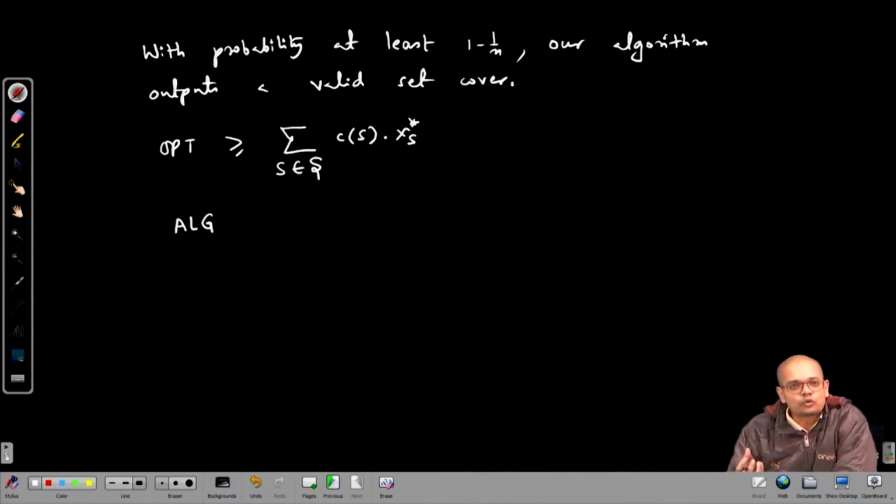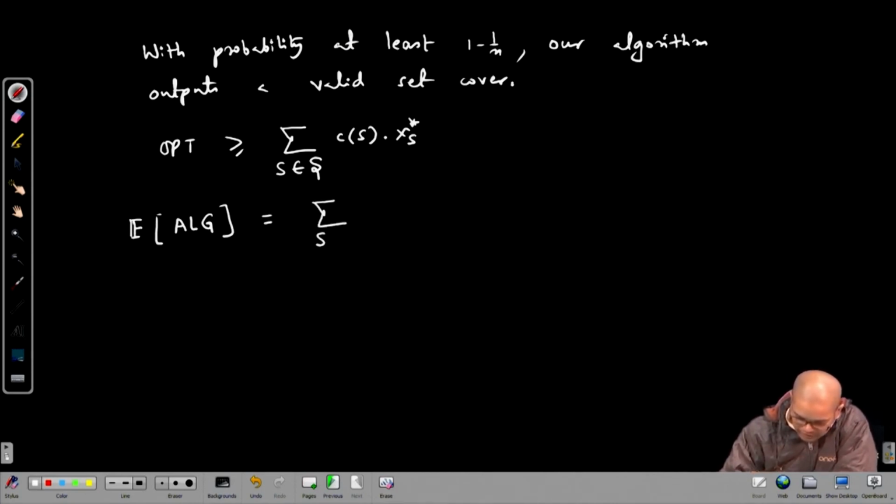Alg is the output of the algorithm, it is the cost of the set W, and it is a randomized algorithm. So we should be talking about the expected value of alg, that is the summation over S in script S of cost of S times the probability that S belongs to W. S is picked by the algorithm.